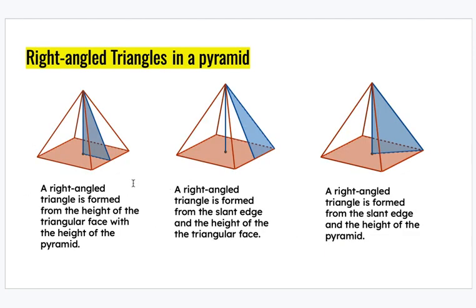It is important to identify the right-angled triangles in a pyramid. The most important triangle is the right-angled triangle that is formed from the height, half of the base, and the height of the triangular surface.